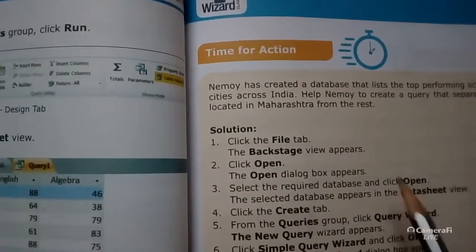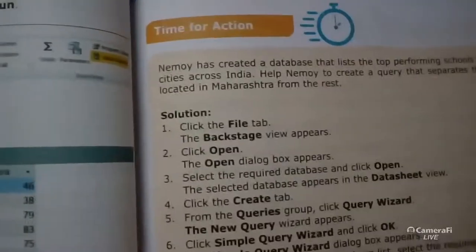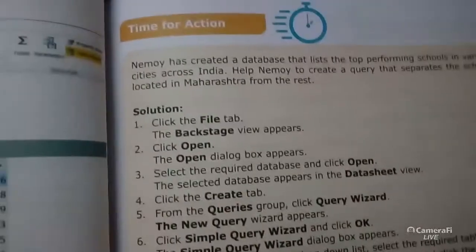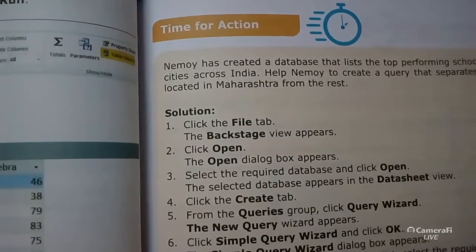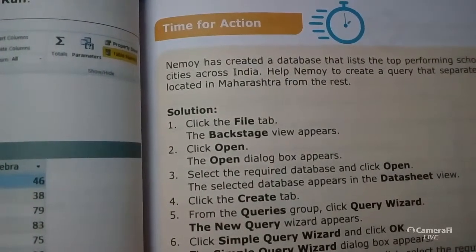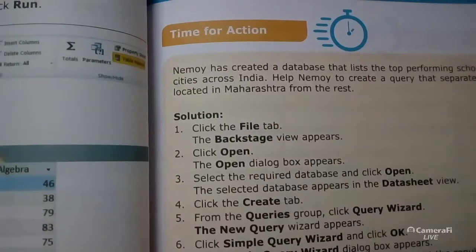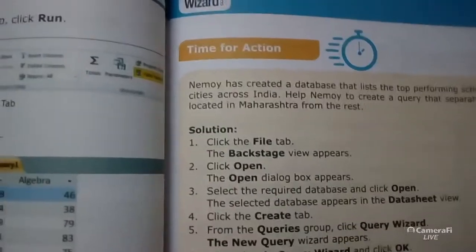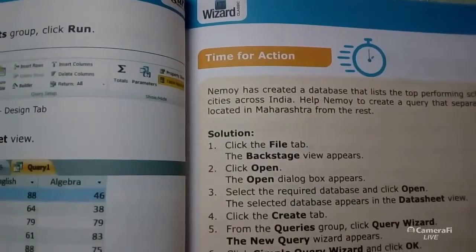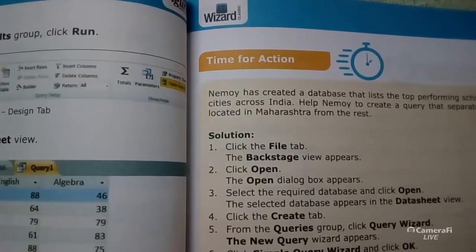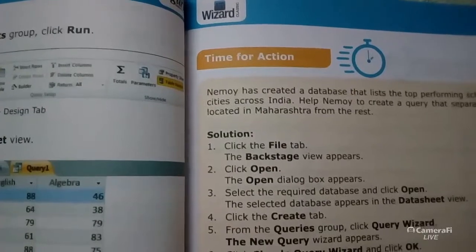That means he has given the names of the students and names of the schools all over India. But here in the query you have to separate the Maharashtra schools. Okay.